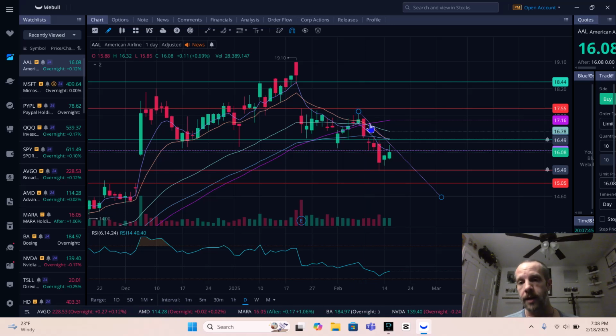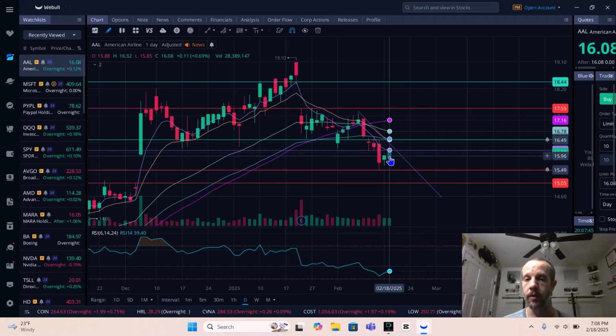So what I'm looking at is a potential trend line forming right here with this dotted blue or purple line, just to kind of help give one more piece of information for me to confirm if the price is either going to be heading up or down.